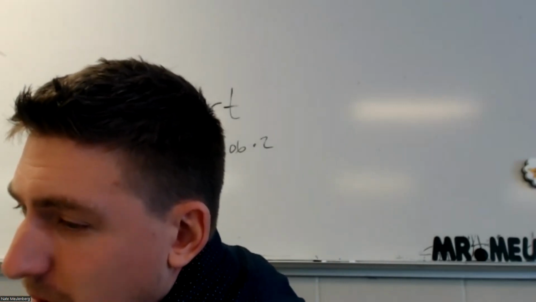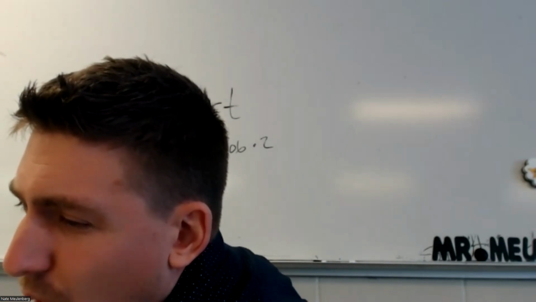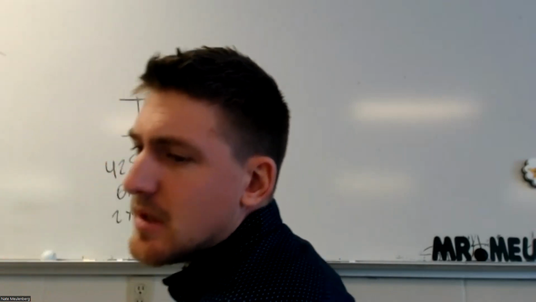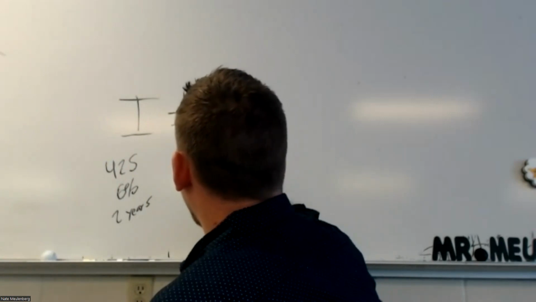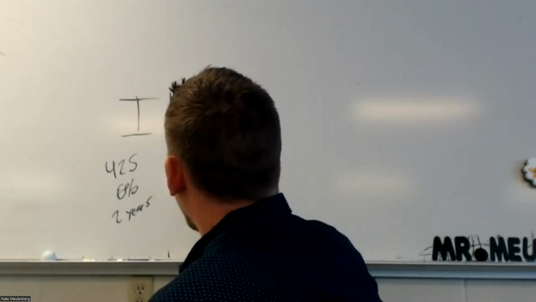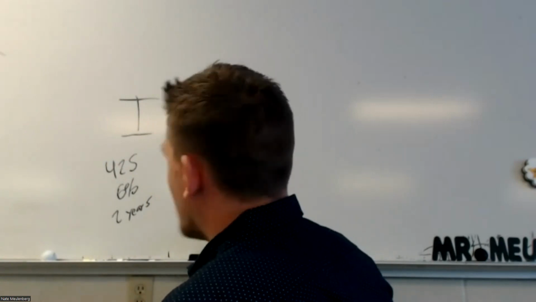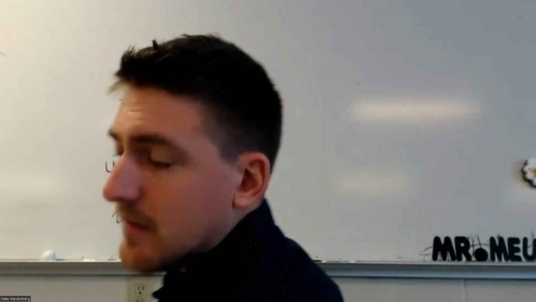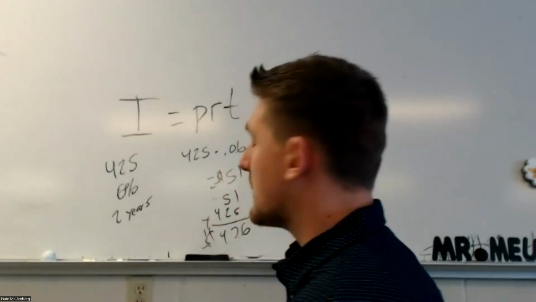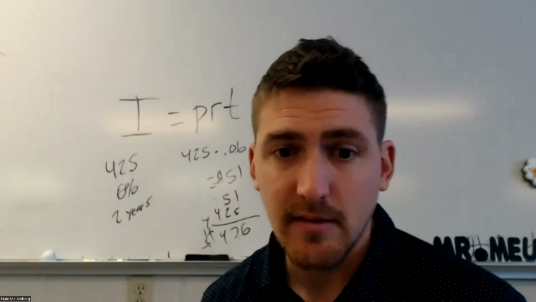I think you get 51. Is that right? 51. And then do 51 plus 425, and you get $476. Make sense? Sounds like Reagan and Charity get the hang of it.